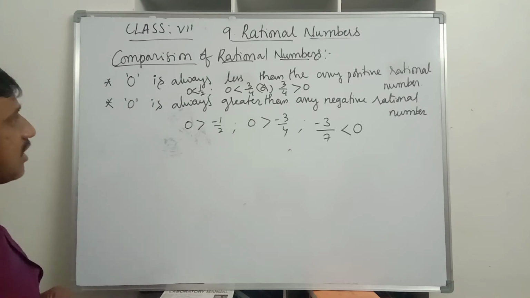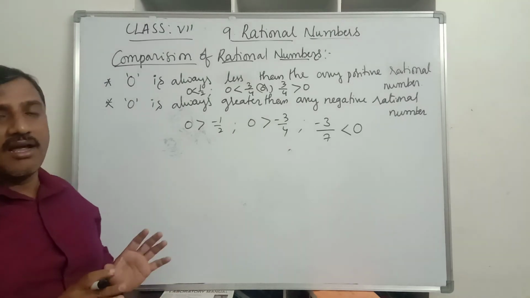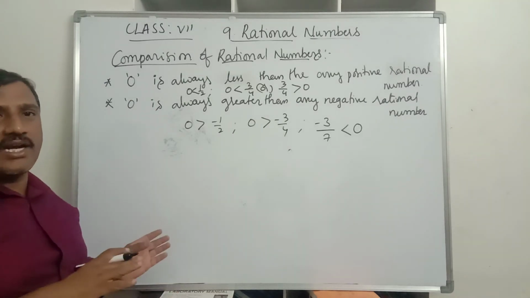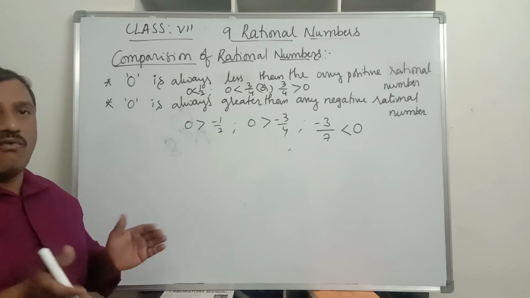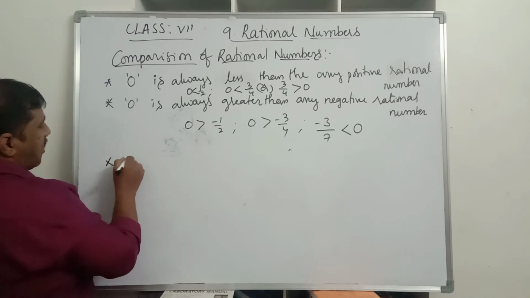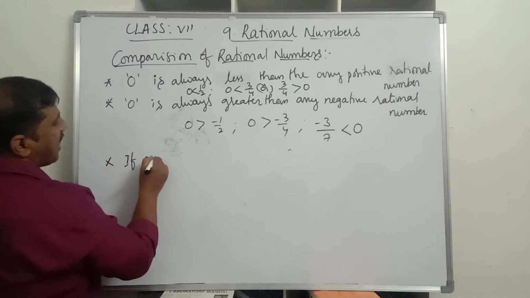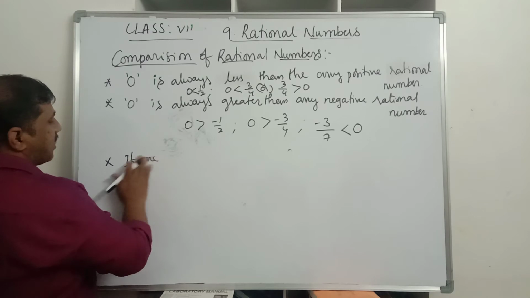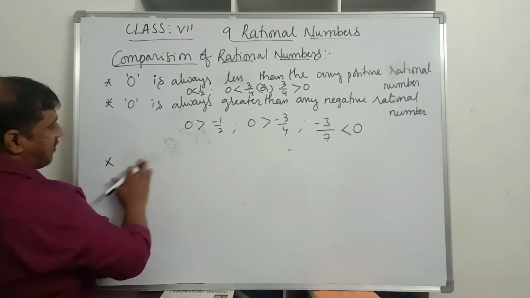Now what if the two rational numbers are positive, or both negative, or one negative and one positive? That is the third point.